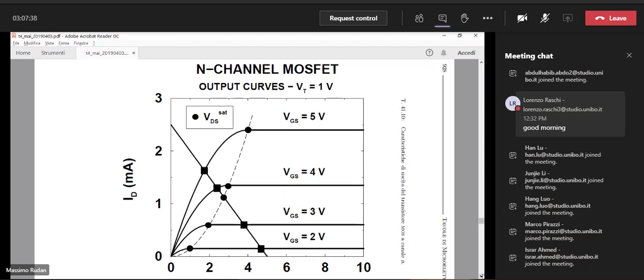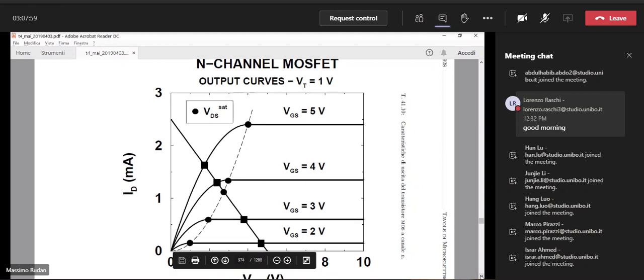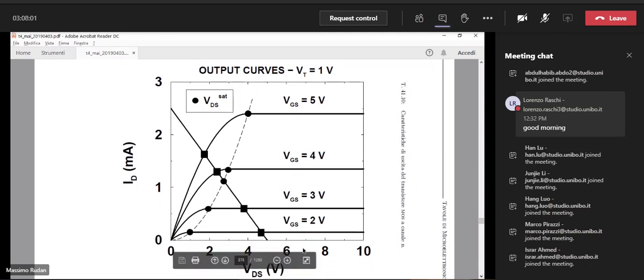You remember the functioning regime is VGS larger than VT. So when VGS is equal to 1 volt, the current becomes 0. When you have VGS larger than the threshold, then you have a current.